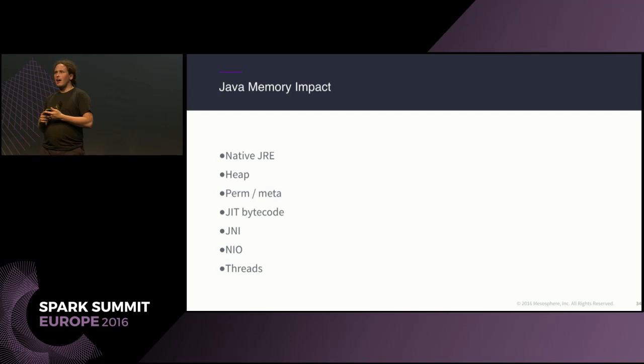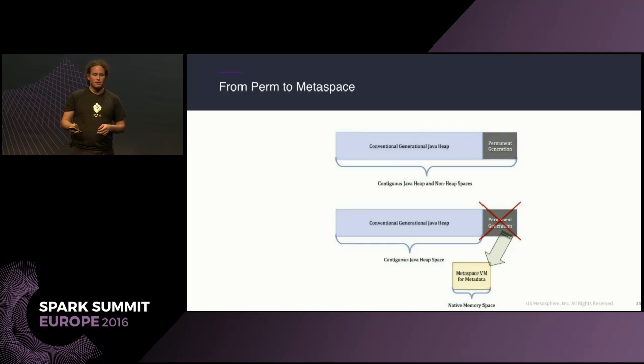If I use JNI, so calling native code, I also have an overhead because the objects are serialized into memory not managed by the heap. And NIO also requires some additional memory. It's so fast because it uses native memory not managed by the heap. And also using threads, each thread has to maintain its stack, so it also adds particular overhead.